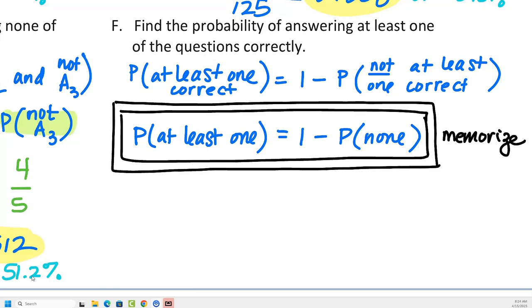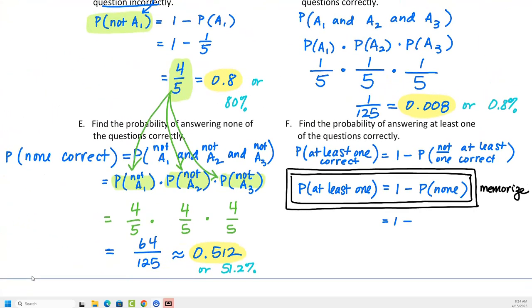So notice in this case it would be 1 minus. Didn't we already calculate the probability of none? Over here. We already calculated it over here.